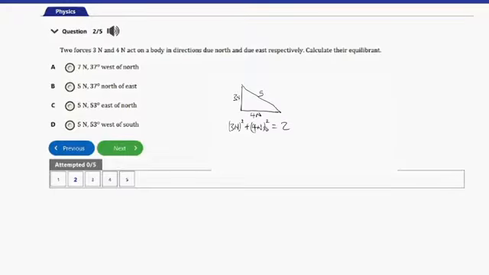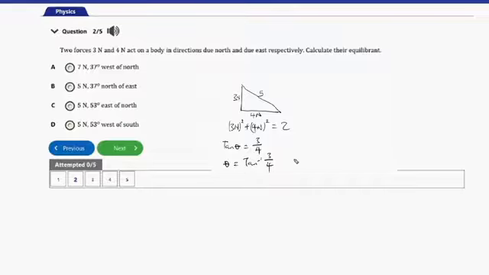And considering this triangle, tan theta here will be opposite over adjacent, where the opposite here is 3 and the adjacent is 4. So theta is going to be tan inverse of 3 over 4, and that's 37 degrees.